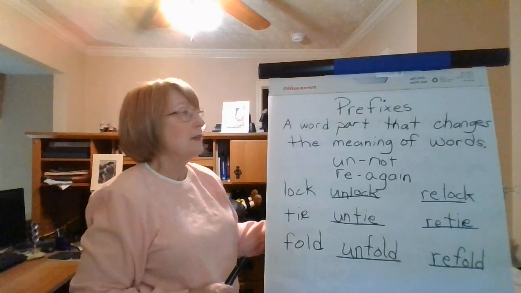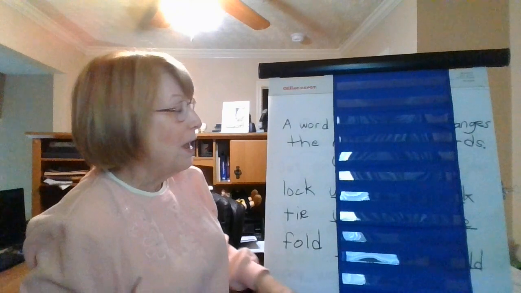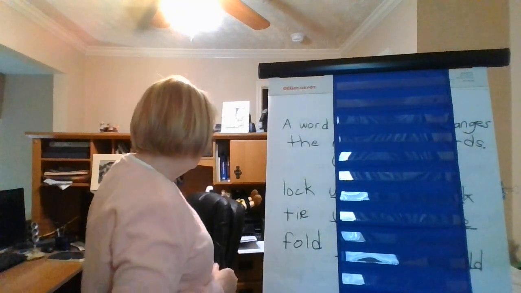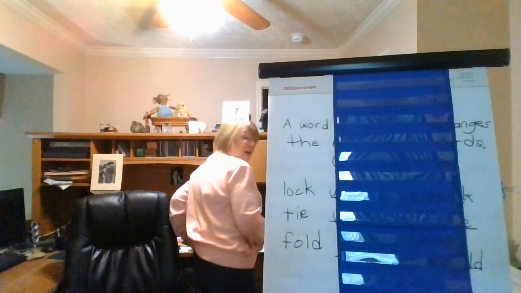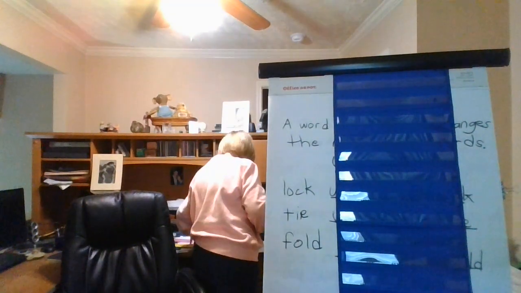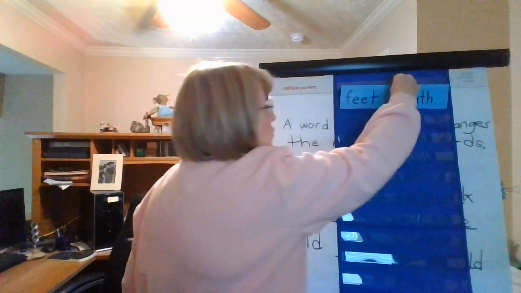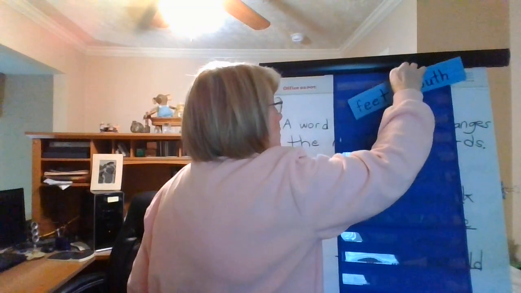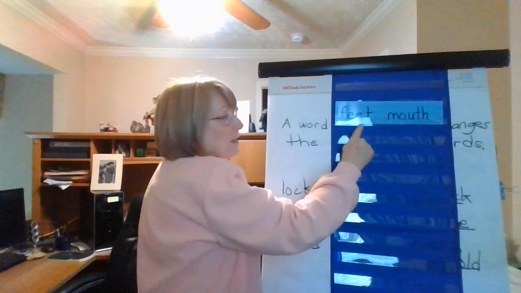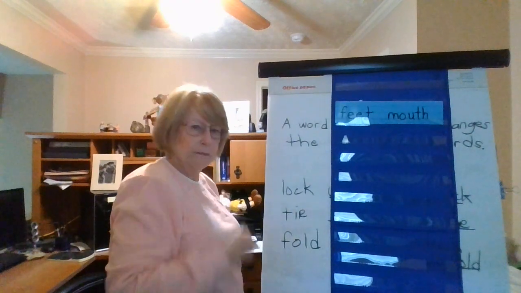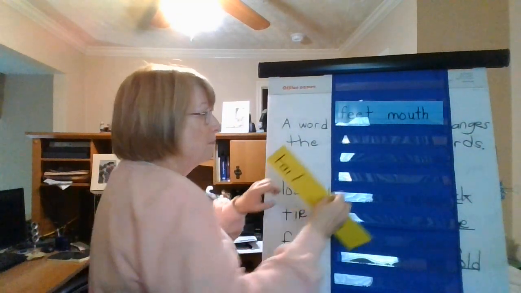For our second part today, we're going to be hearing a book, actually. And I want to go over some words that are going to be necessary for the book. So here are two of them. We've got feet, mouth. That book's about feet and mouth. Okay.